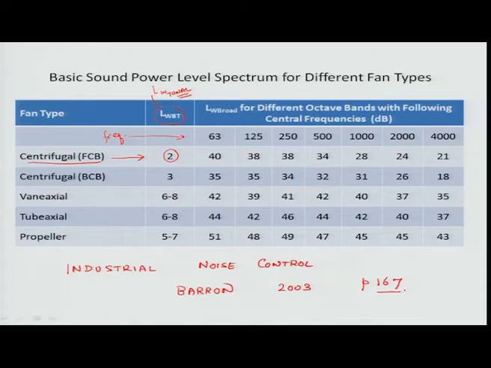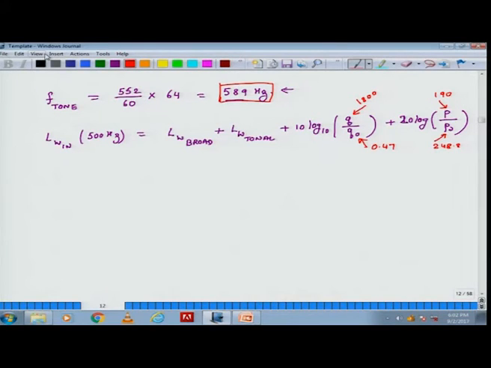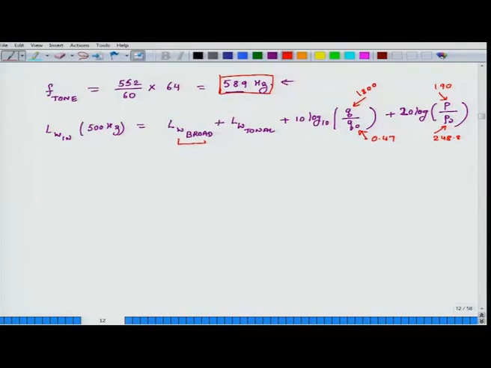LW broadband, what is the value? We have to look at the specific frequency band we are interested in. Right now we are computing for 500 hertz central frequency. So, the number we are going to use is 34. So, LW broad is 34 and LW tonal is 2.